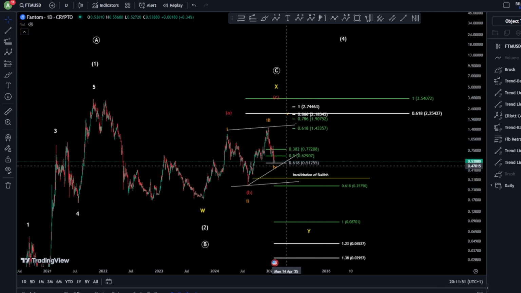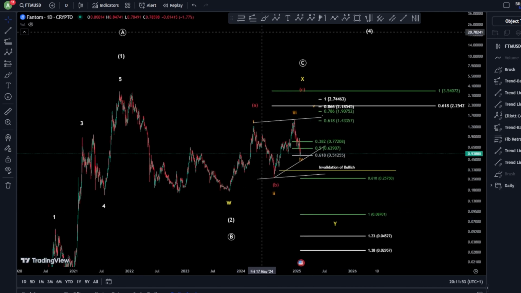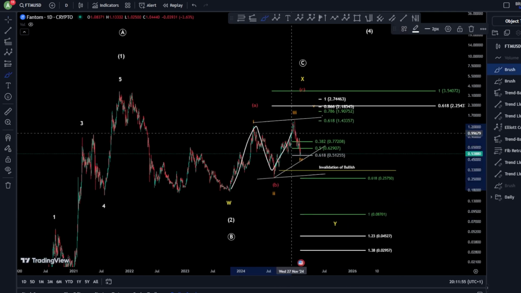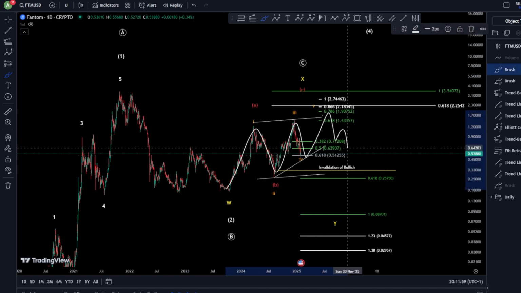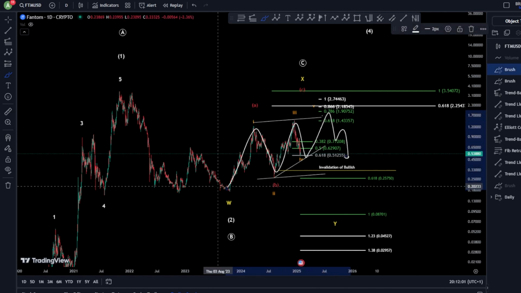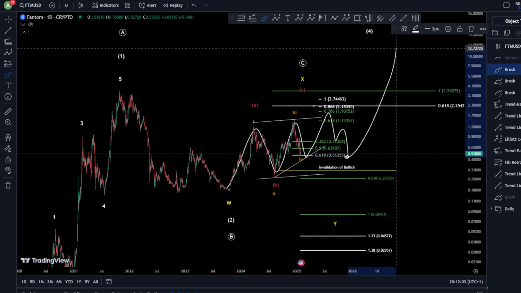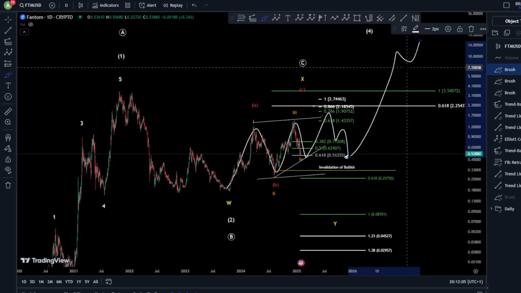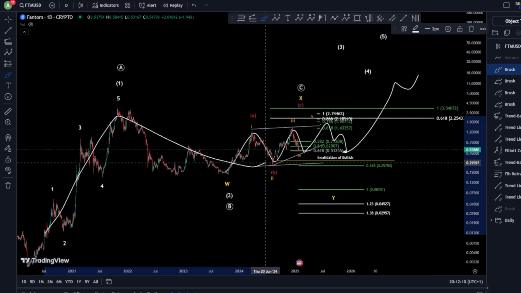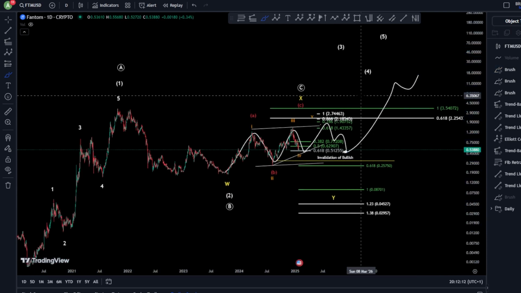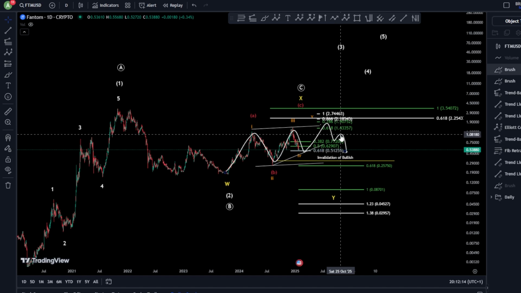So basically, we are in one of those two bullish scenarios. Is it 1-2-1-2, or is it a 1-2-3-4-5 leading diagonal with wave 2 again, and a big 1-2 here moving toward the upside, giving a higher possibility for a big 1-2 and then a 3-4-5 continuation toward the upside for Fantom?